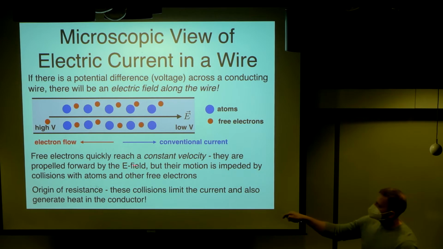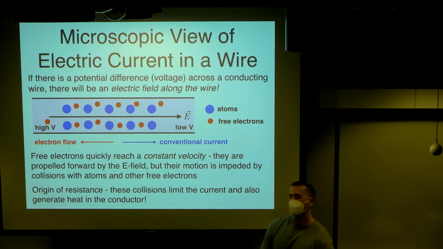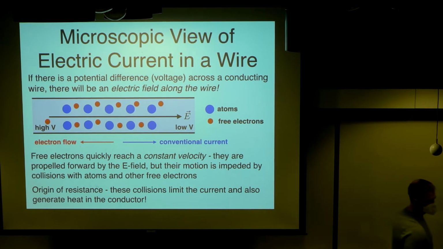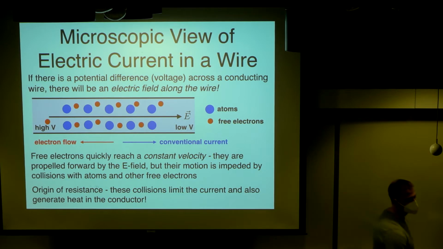So not only do we have this idea that electrons are going to reach some kind of constant velocity, but this is the origin of resistance. These collisions are the reason the current is limited. You don't just get infinite amounts of current when you hook up a wire to a battery. What's limiting the current is the collisions of your free electrons with atoms and other free electrons in your conductor.